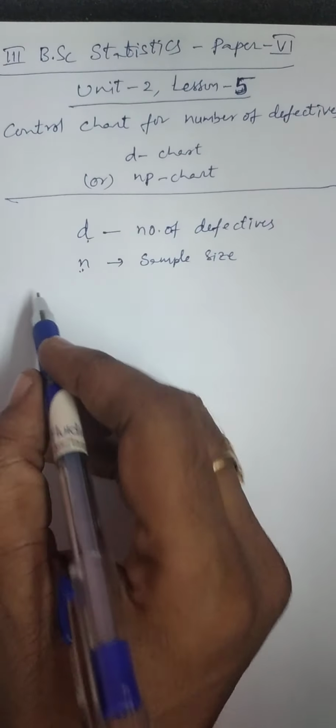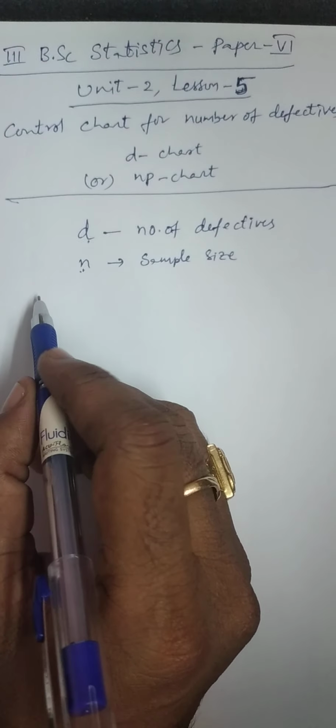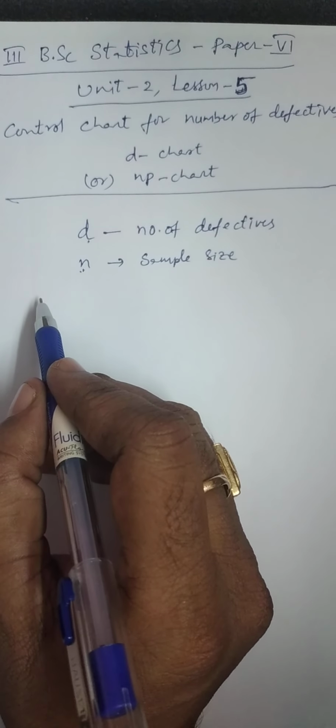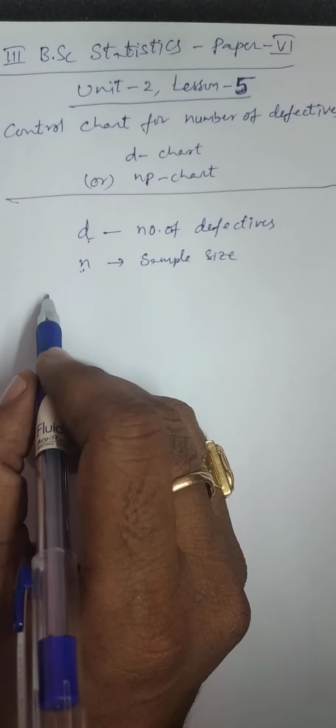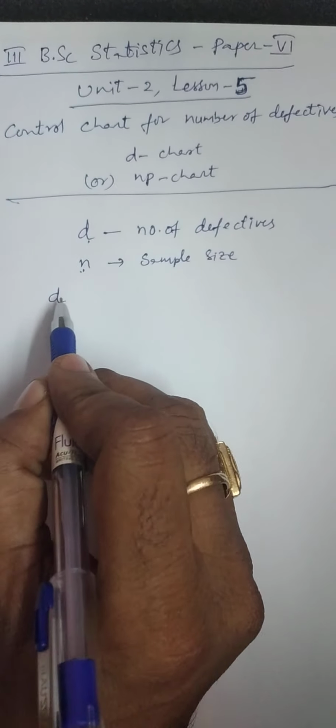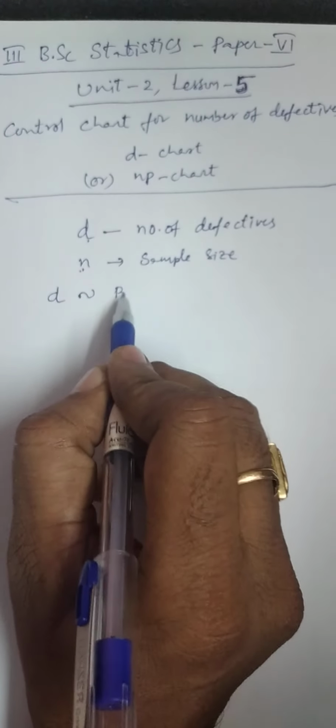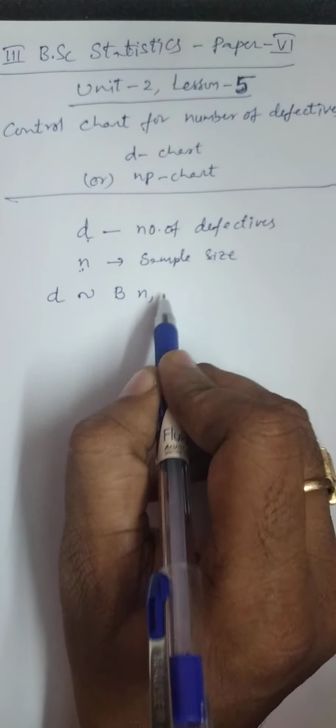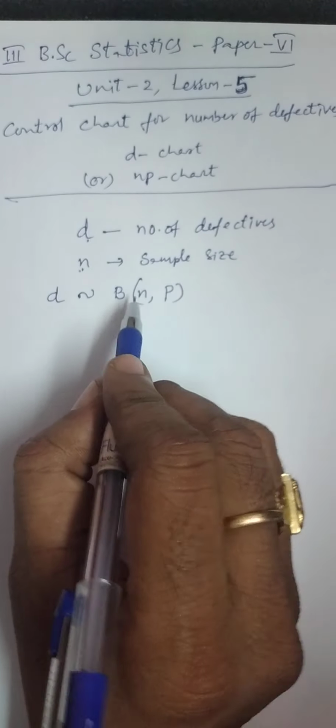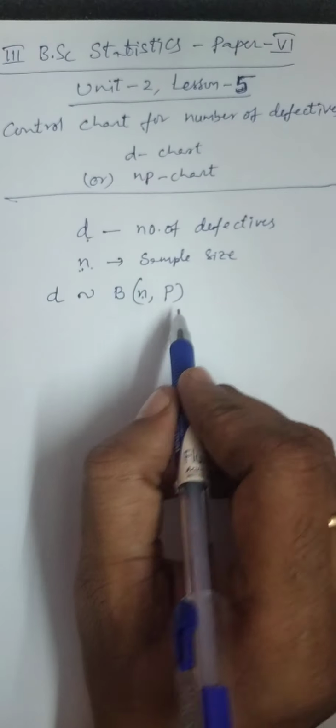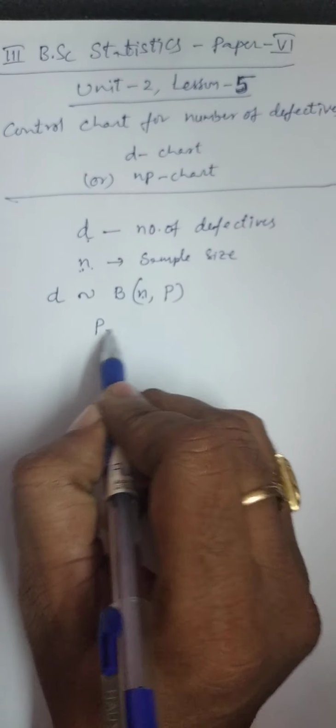And obviously we have learned in the control chart for fraction defective the distribution of D. D follows a binomial distribution with the parameters n and capital P, in which n is sample size, capital P is population proportion.